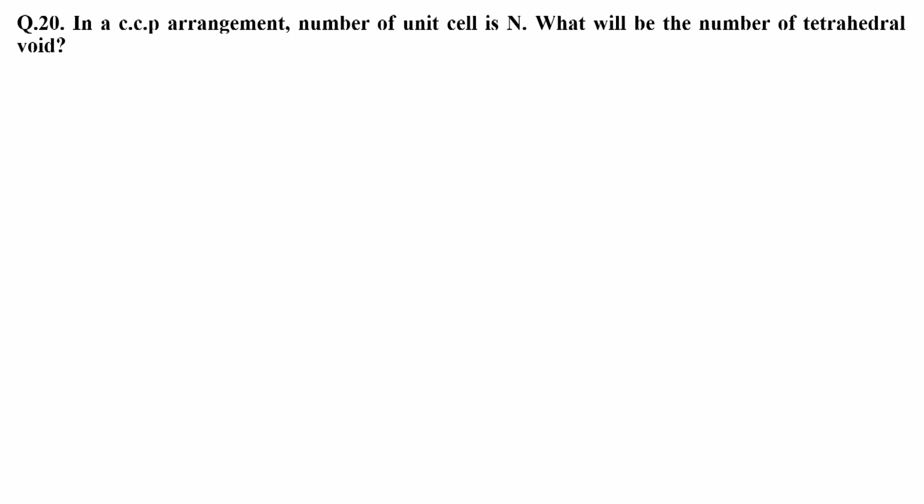Next we move to problem number 20. It says, in a CCP arrangement, the number of unit cells is n. What will be the number of tetrahedral voids? Here the number of unit cells in a CCP arrangement is n.